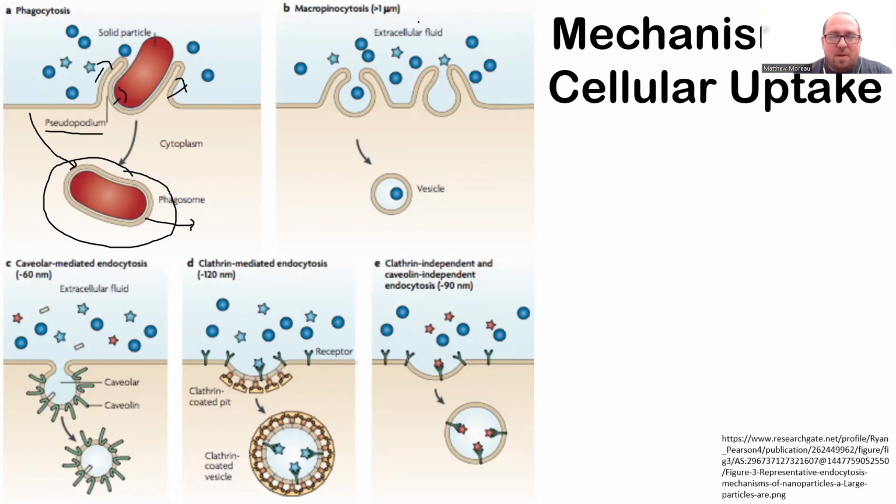There are other mechanisms by which different cells can bring in different things. One such way is macropinocytosis, which is cell drinking. This is a non-receptor mediated actin engagement to the membrane that pushes the membrane around to allow for basically swallowing of extracellular fluid and any particles that happen to be out in space.